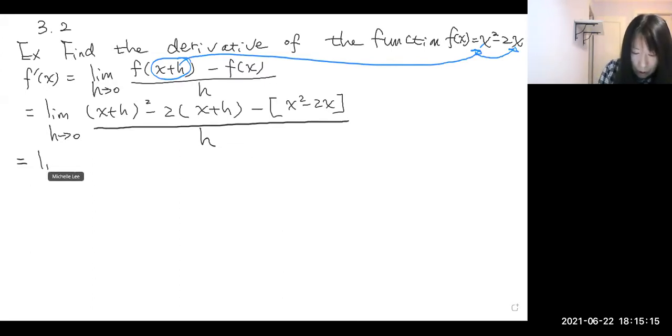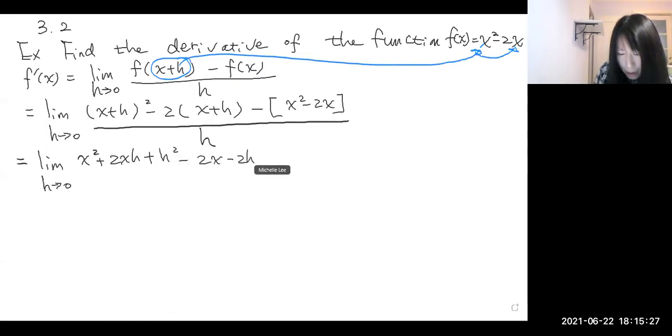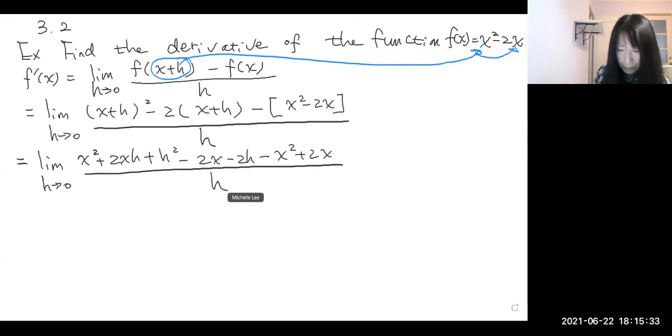Let us do this one. x squared plus 2xh plus h squared, minus, distributing, 2x minus 2h, minus x squared plus 2x, right? Over h. Now let us simplify.